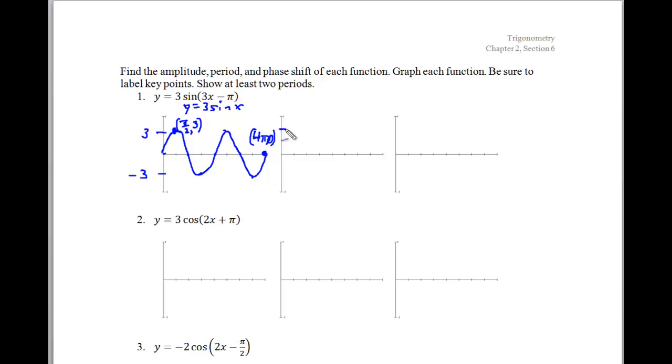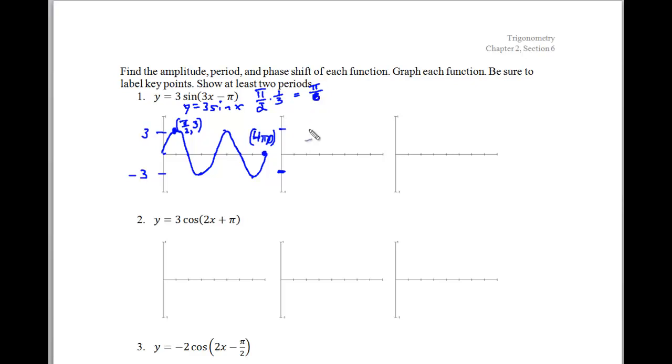So what I'm going to do is take my first interval, which was at pi over 2, and divide by my omega. So my pi over 2 divided by 3 is the same thing as multiplying by 1/3, which means that now every single tick mark on this graph right here is going to be pi over 6 units wide.